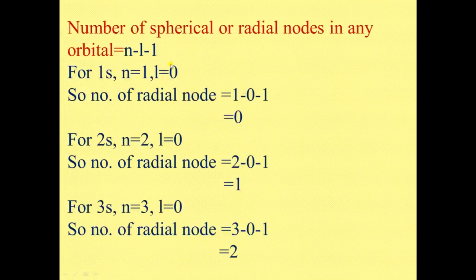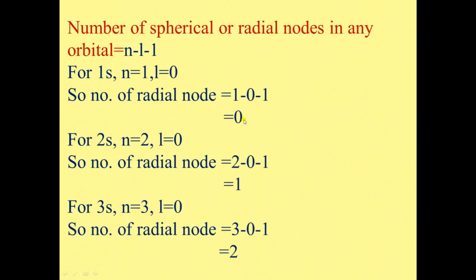Now this is a formula by which you can determine radial nodes. The number of spherical or radial nodes in any orbital is determined using the formula n minus l minus 1. For the 1s orbital, n is equal to 1 and the value of l is equal to 0. So the number of radial nodes is 1 minus 0 minus 1, which is equal to 0.